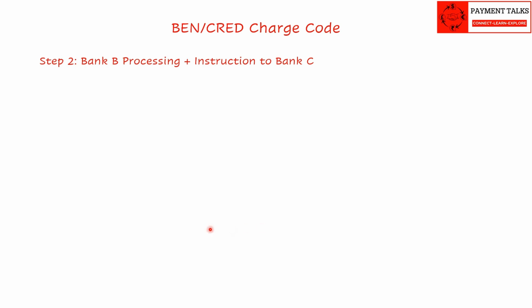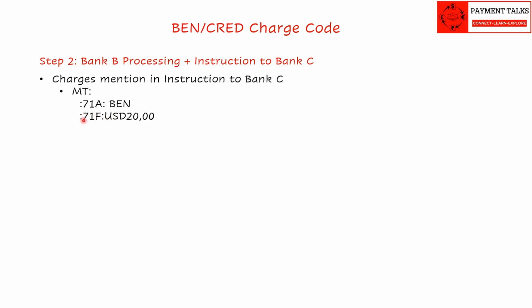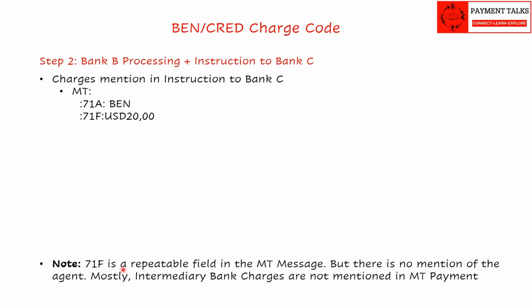In MT, 71F is an optional repeatable section. Bank B can add its charges in 71F and send this message to Bank C. While this is best practice, there are two issues here. Firstly, 71F refers to the sender bank's charges but not the intermediary bank's.